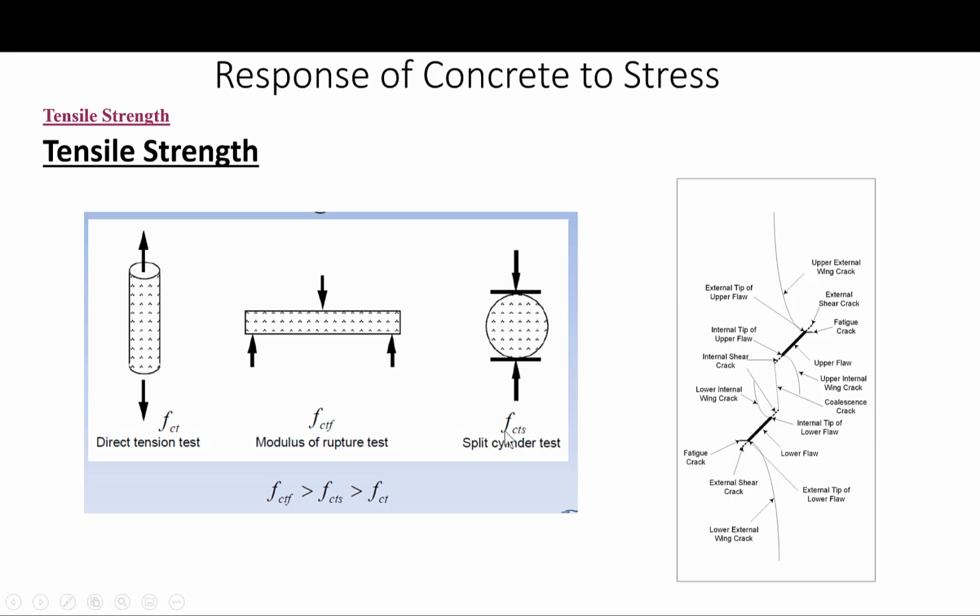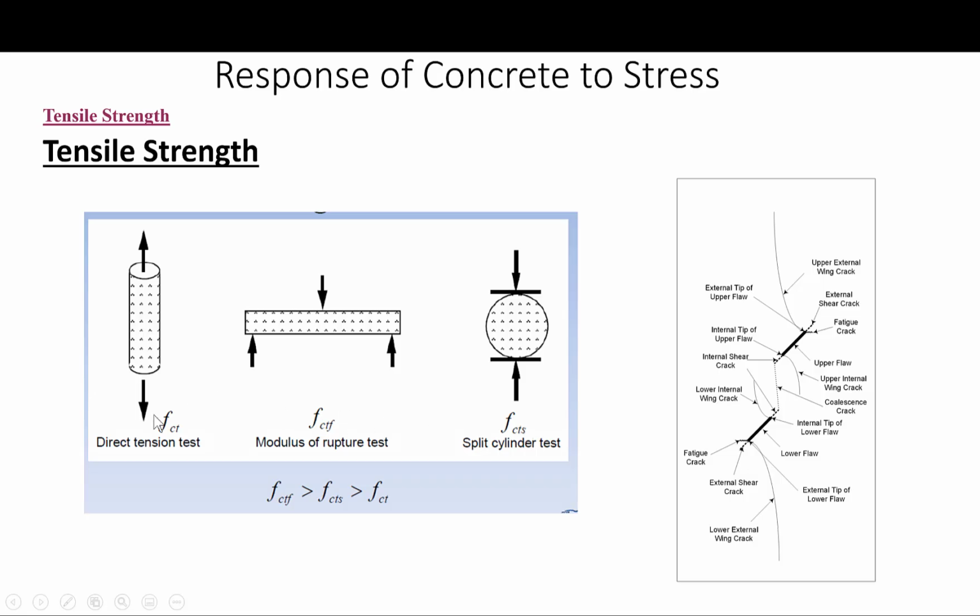Okay, so here we see basically the tests I just talked about. This is the bending test, from which we measure the modulus of rupture. And this is the split cylinder test, and we measure the split cylinder tension strength.